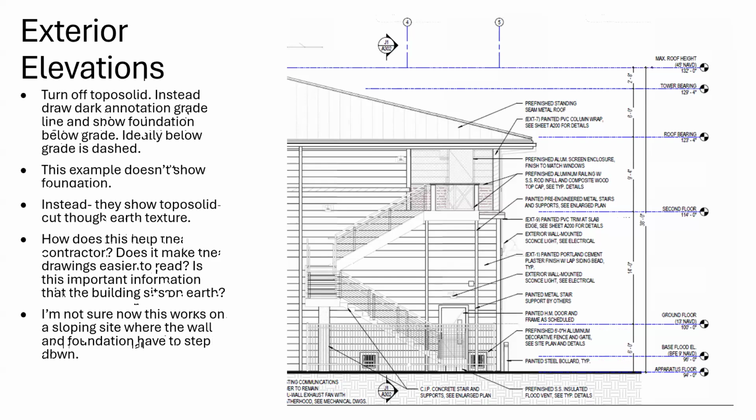So telling them not only what the material is, but what the finish is also important. So here it's pre-finished standing seam roof, painted PVC column wrap, painted pre-engineered metal stairs and supports, painted Portland cement plaster finish with lap siding bead. So telling them the material and the finish is a great idea.